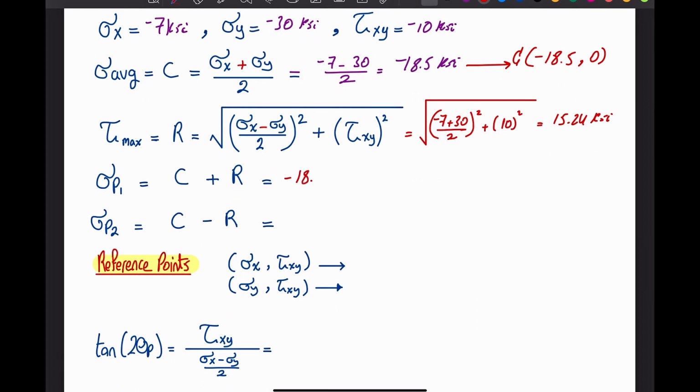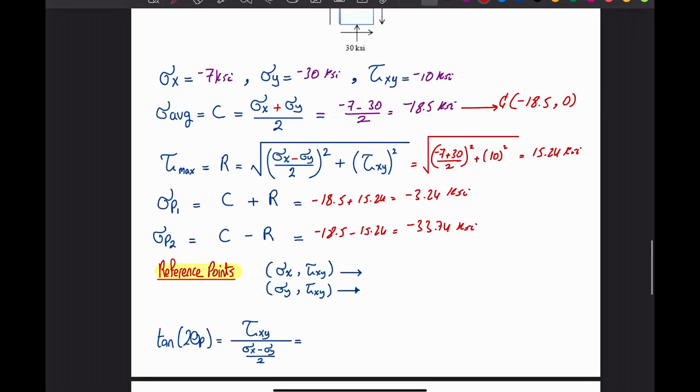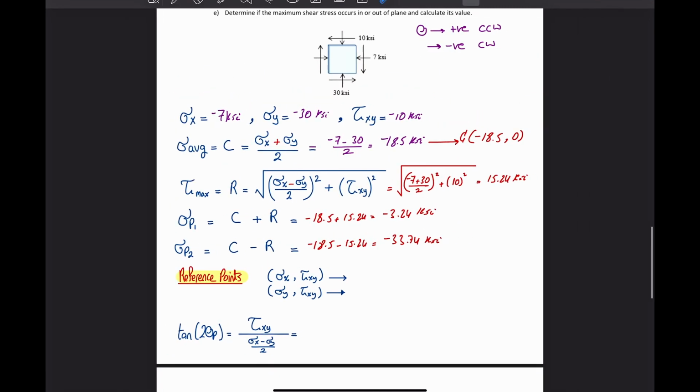I'm getting negative 18.5 plus 15.24, which is equal to negative 3.24 ksi, and then here negative 18.5 minus 15.24 is equal to negative 33.74 ksi. Now let's do the reference point, x and tau xy.